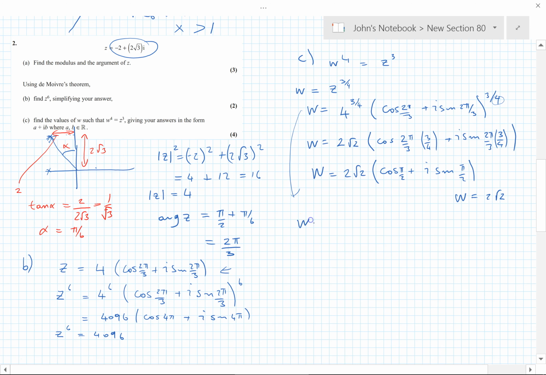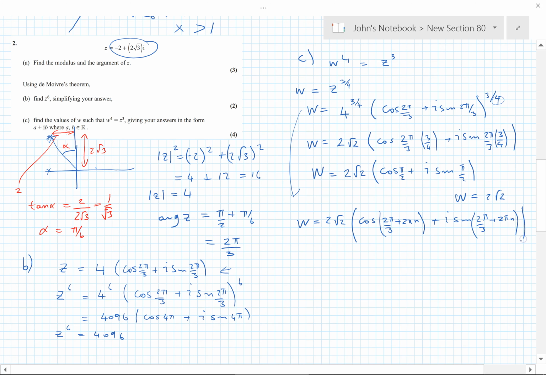So in fact w is equal to 2 to the square root of 2 cos, right, so let's go to the original, 2 pi over 3 plus 2 pi n plus I sine 2 pi over 3 plus 2 pi n.